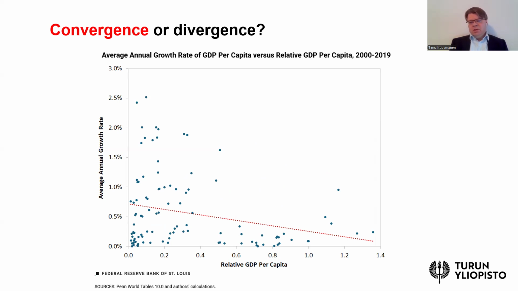So we did not see much catching up in the 20th century, or at least the end of the 20th century. But now, over the past few decades, this divergence has become more like convergence, as economic theory would suggest. So this is good news for the growth models in economics in some sense.